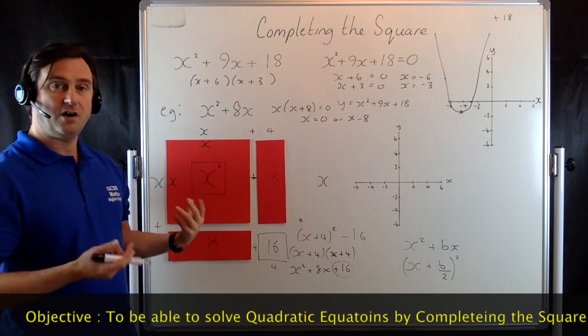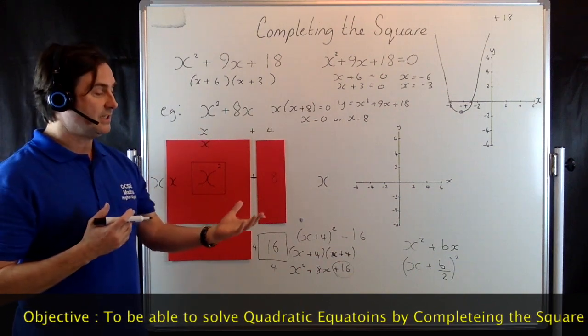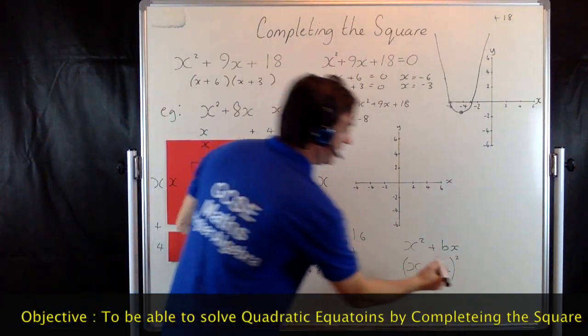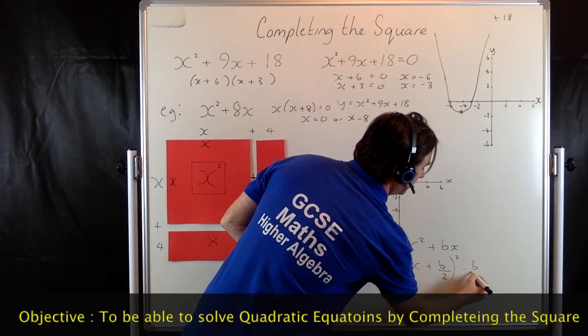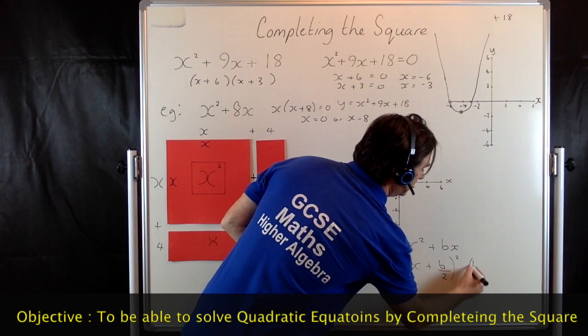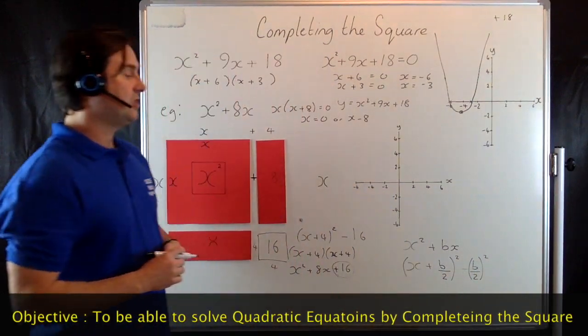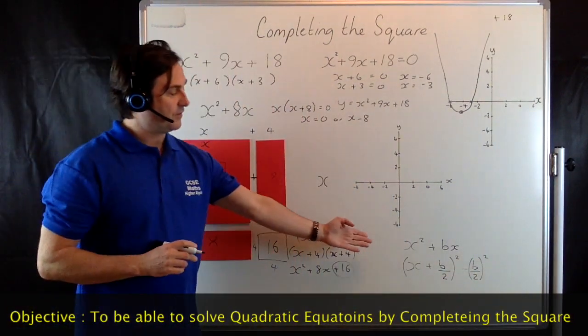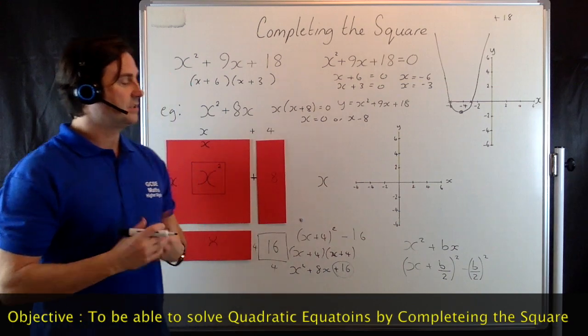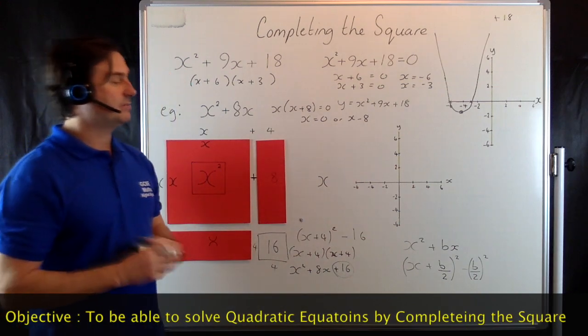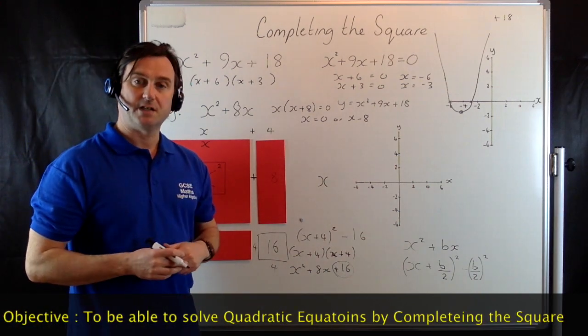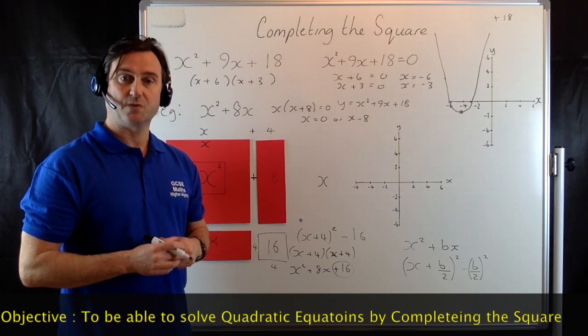And the 4 was half of my 8, so I need to take away half of b, or b divided by 2, squared. So in its general format, if we've got x squared plus bx, to complete the square it becomes x plus b over 2 squared, take away b over 2 squared.